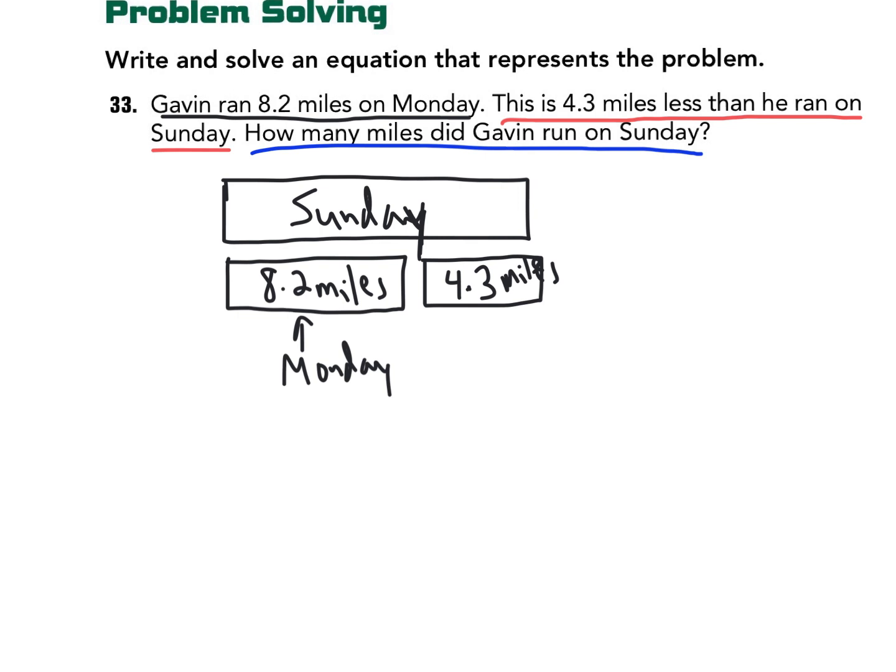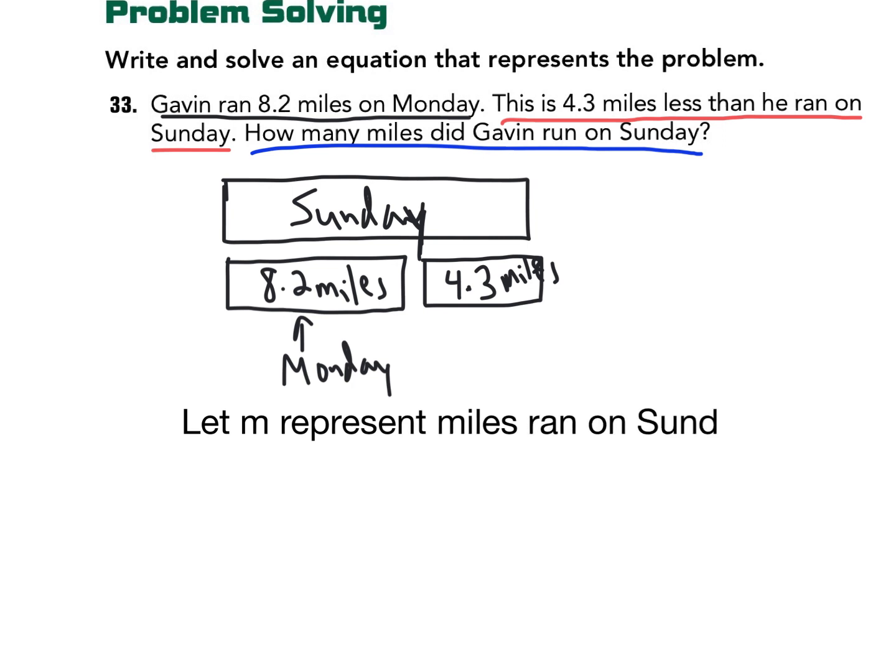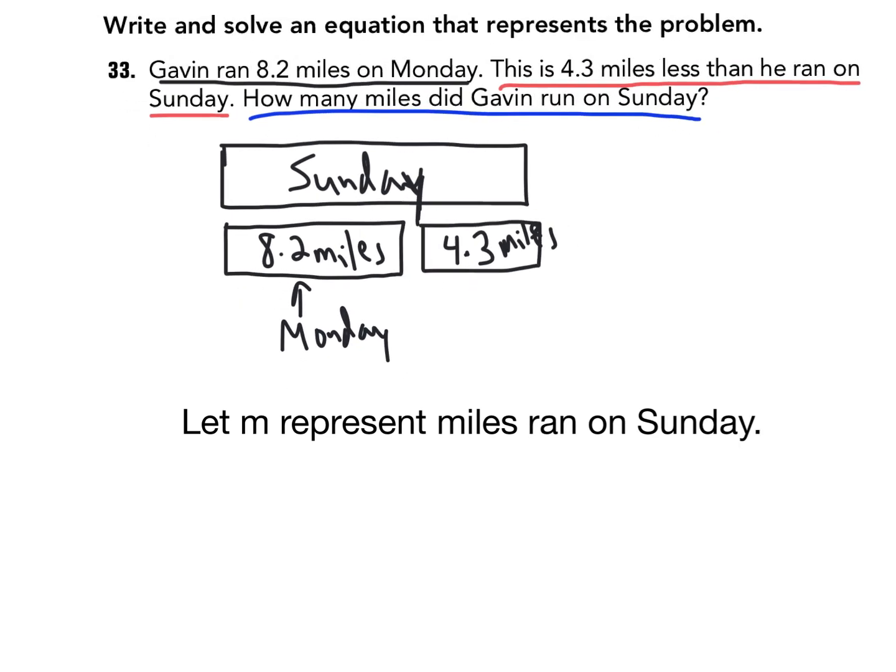Okay, it did say to write and solve an equation, so one way we could do this equation, we might say let M represent miles ran on Sunday. That's defining our variable.